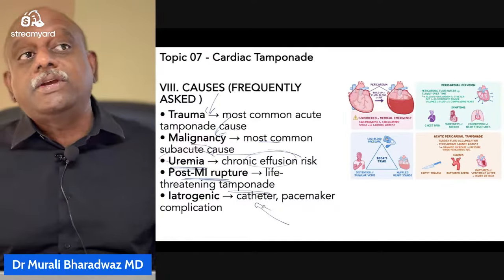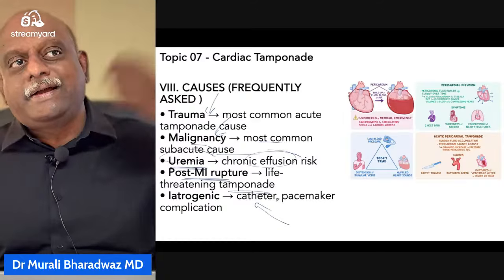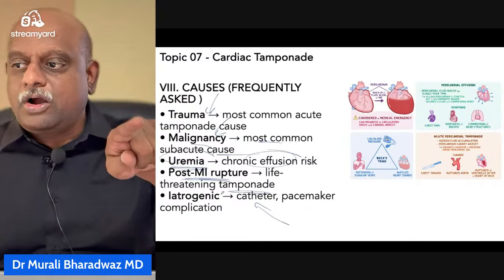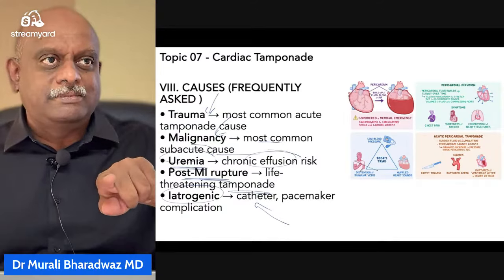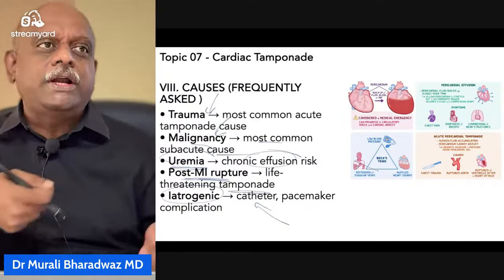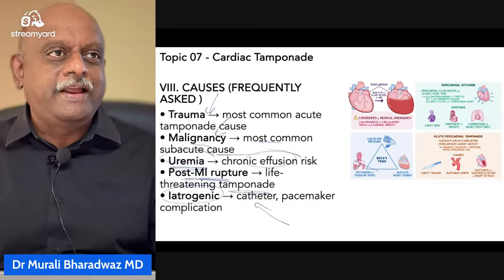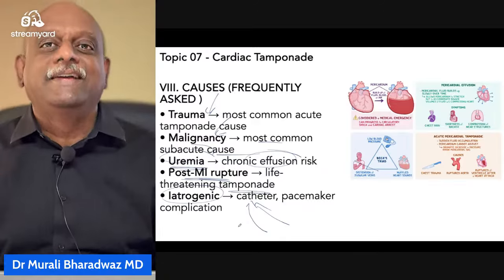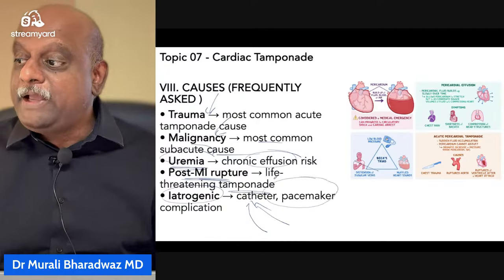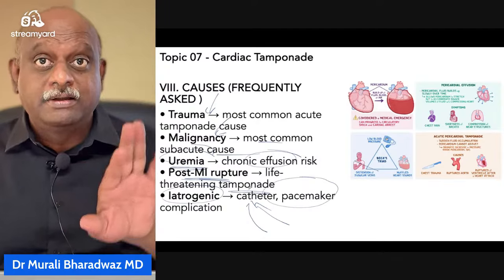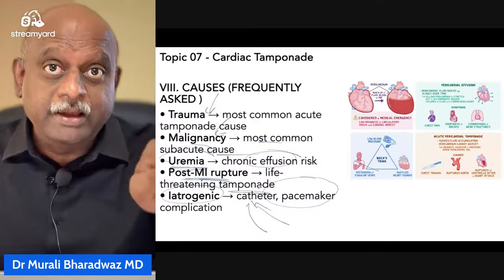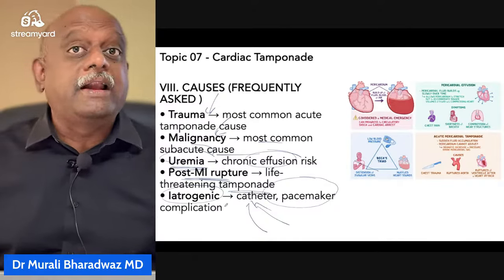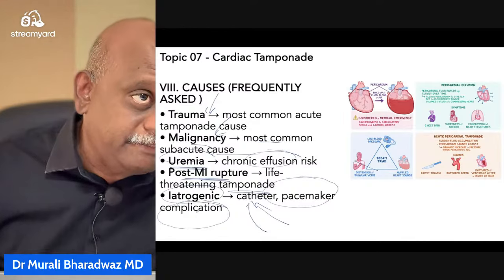Sometimes when you are passing a central venous catheter, the catheter tip can cause injury to the pericardium, and you are still trying to negotiate. First year DM cardiology. That can lead to catheter-induced pericardial effusion. Pacemaker, when you are trying to place, you made a deep entry and ruptured the pericardium.